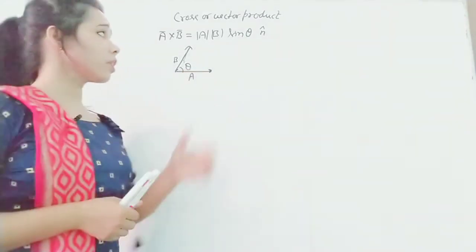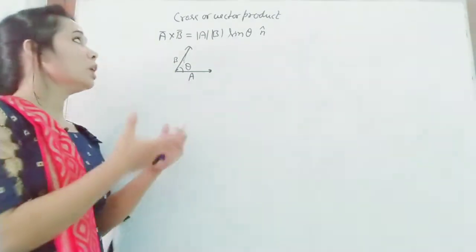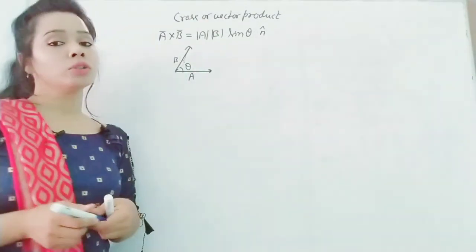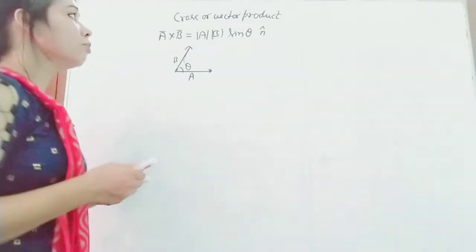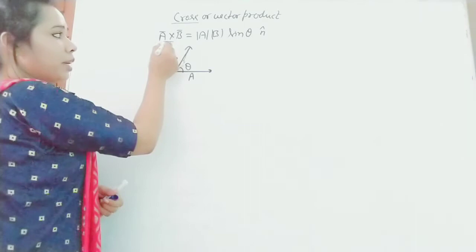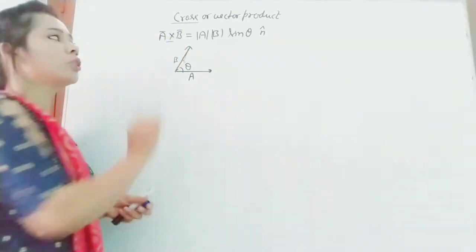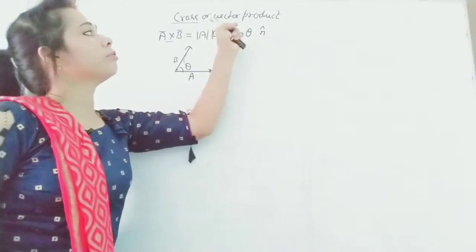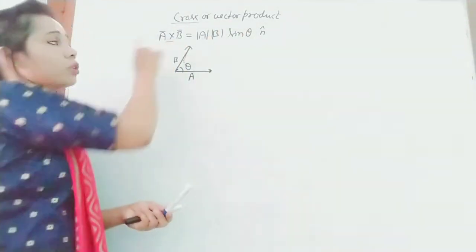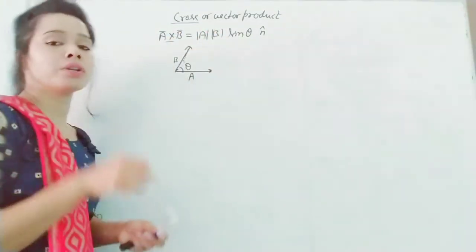Now, why do we call it cross product or vector product? We call it cross product because we represent it by a cross. And why do we call it vector product? Because after the cross product of any two vectors we find another vector quantity.